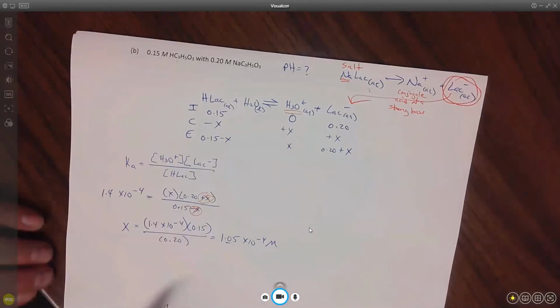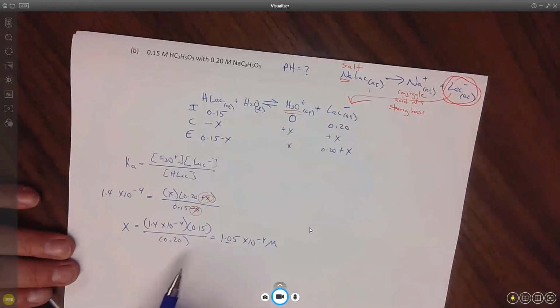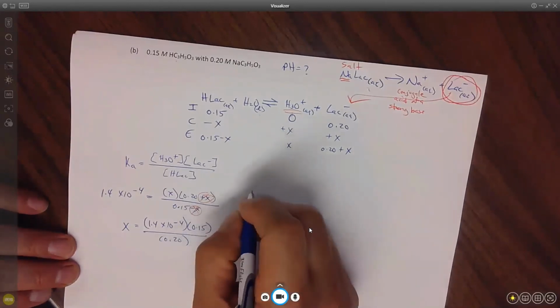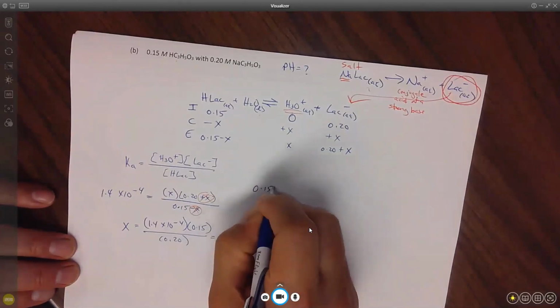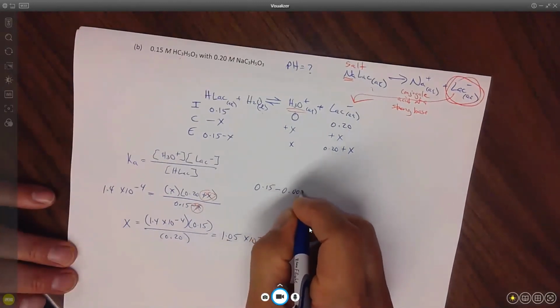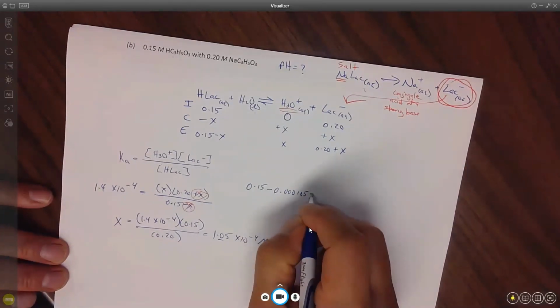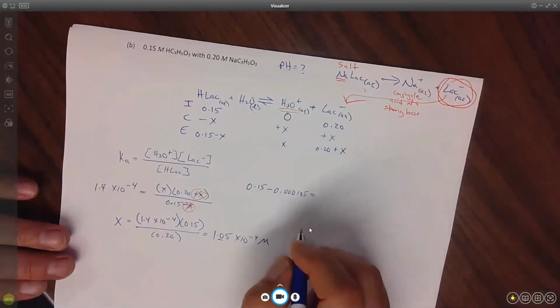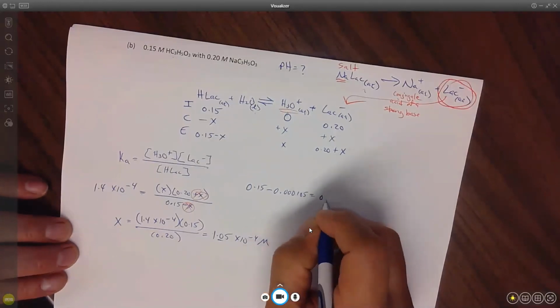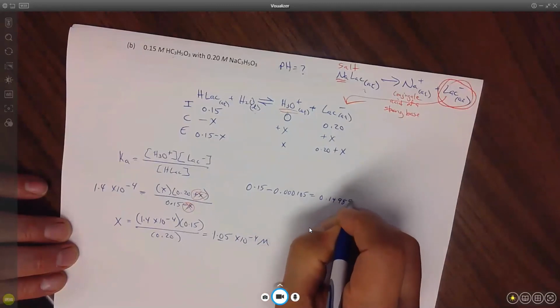But now I need to come back and check my assumption. Now again, these are both minus 1x and plus 1x, so I'm just going to look at the smaller value. If it works for the smaller value, it's going to work for the bigger value. So I'm going to say 0.15 minus 0.000105 is going to be equal to 0.14989.